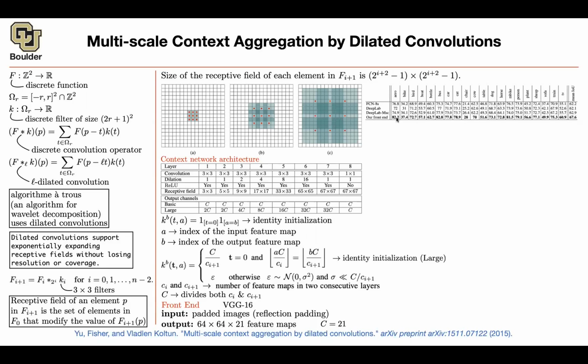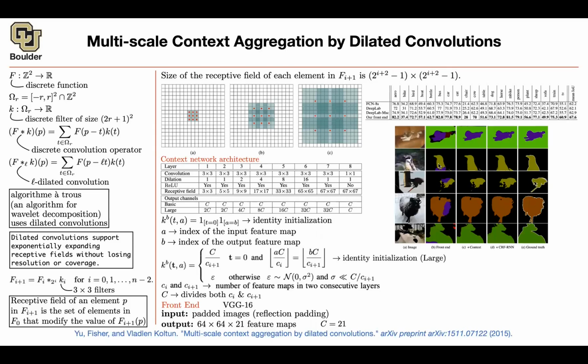Because you have more context of the entire image, you have a bigger field of view, and you can increase the intersection over union. That's your metric. Qualitatively, these are the type of predictions that you're going to get. This is your front end. If you add the context using dilated convolutions, you are able to get rid of some of these confusions that your network is making. And when you add CRF, you're going to get better results.